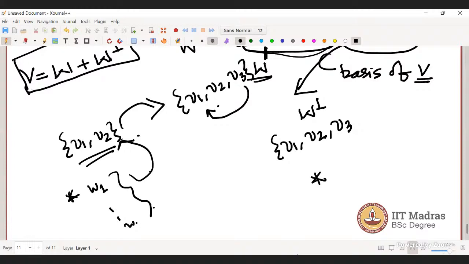If I have a set of n vectors and I apply Gram-Schmidt, then in the end I will get a set of n vectors. But you are applying Gram-Schmidt to a set of 2 vectors and saying you will get a set of 3 vectors. That is not possible, right?